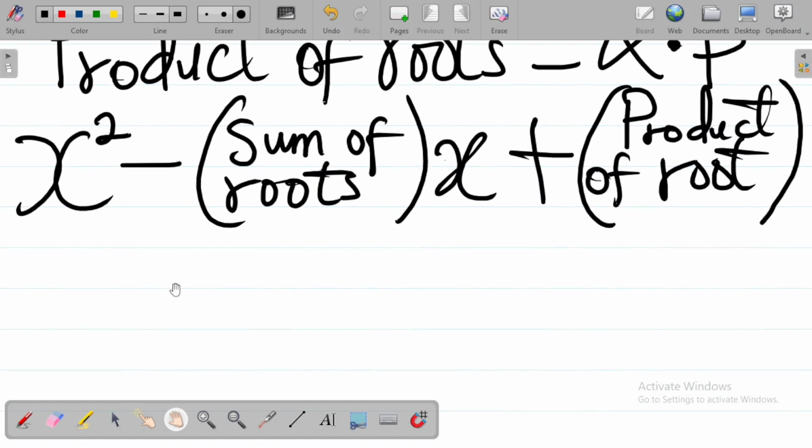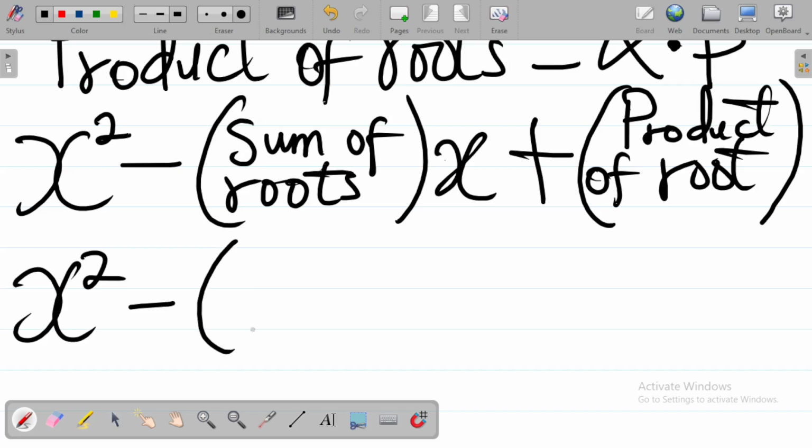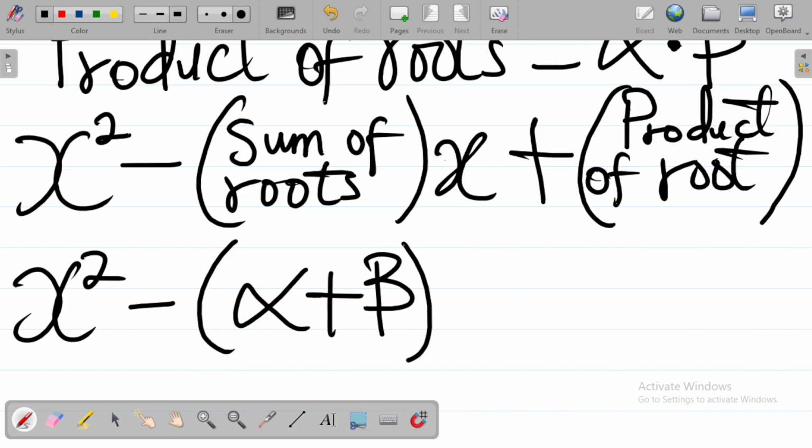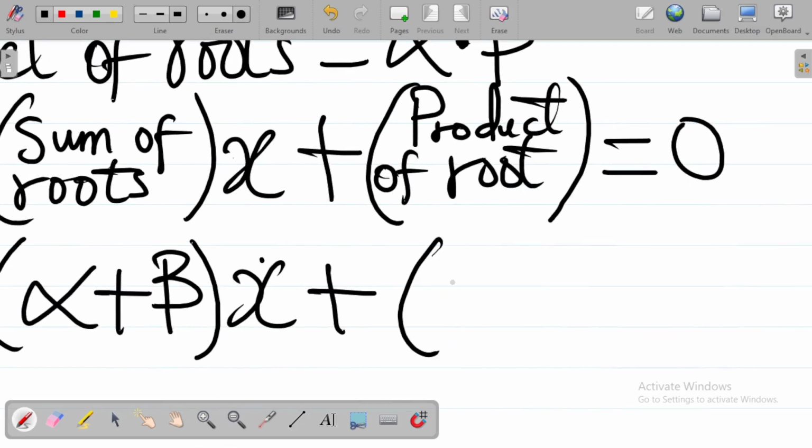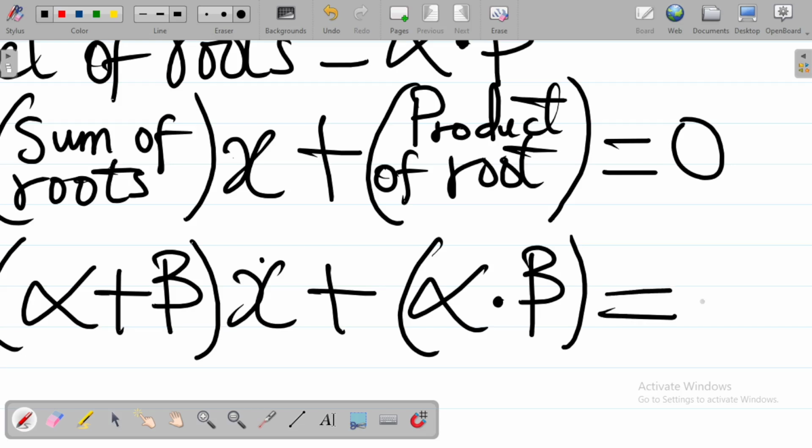Now let's substitute into this equation. We have x squared minus the sum of roots, as earlier said, is alpha plus beta, multiplied by x, and then plus the product of roots, as earlier said, is alpha multiplied by beta, and then it is equal to 0.